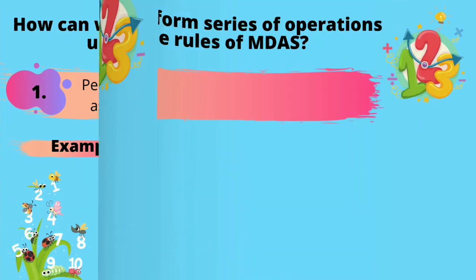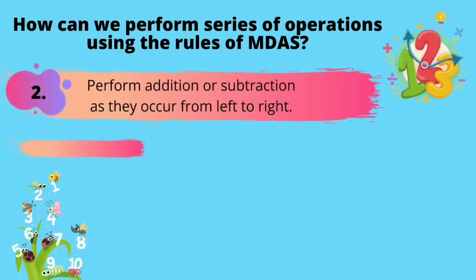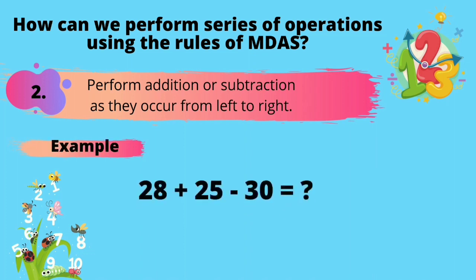And rule number 2, perform addition or subtraction as they occur from left to right. It means that we are going to add or subtract depending on the operation that comes first from the left. For example, 28 plus 25 minus 30. Let us apply the condition that we are going to perform addition or subtraction whichever comes first from left to right.